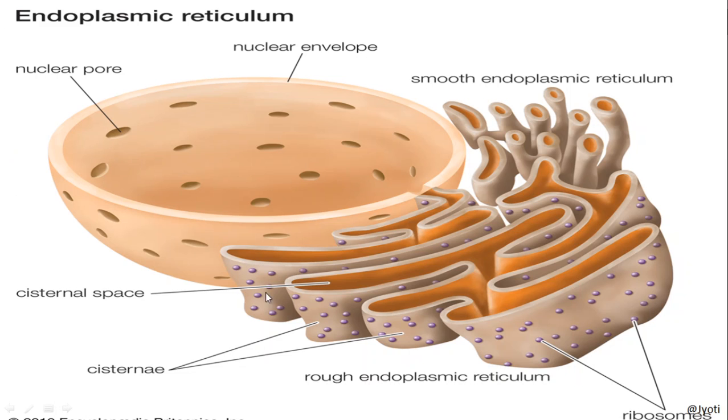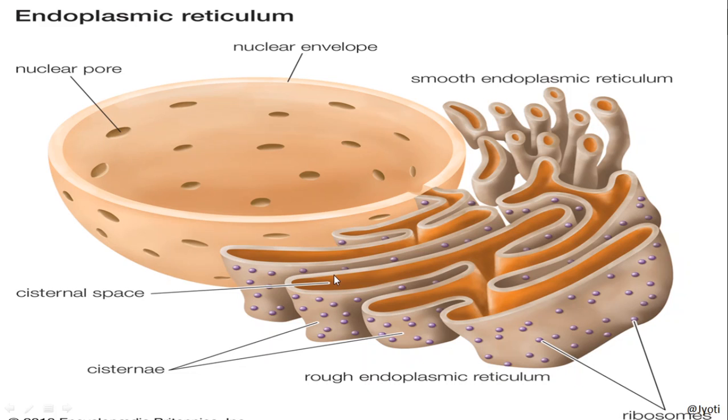This reticular, branched structure is the endoplasmic reticulum, and it is present near the nucleus. At one end, most of the endoplasmic reticulum is attached to the nuclear membrane, and at the other end it is attached to the plasma membrane or cell membrane. I'll show you in the next picture.